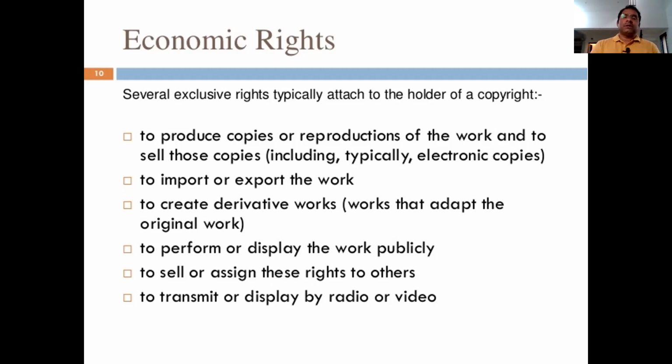If I have written a book, unless that book is reproduced or duplicated, I will not be able to distribute it to anyone else, because I'll be having only one copy. So I should have, as the author of the book, the right to reproduce it.